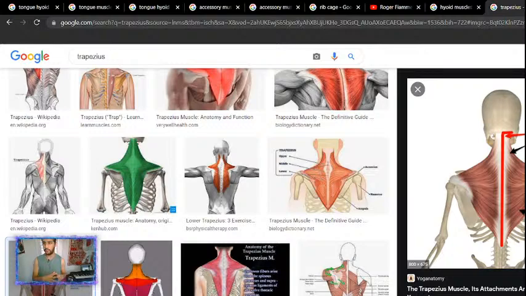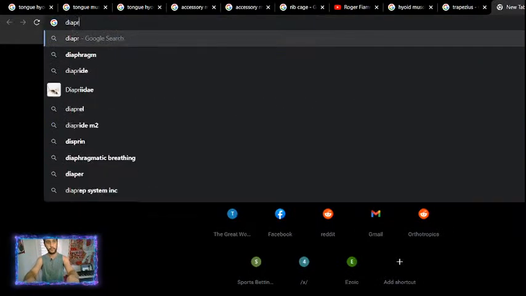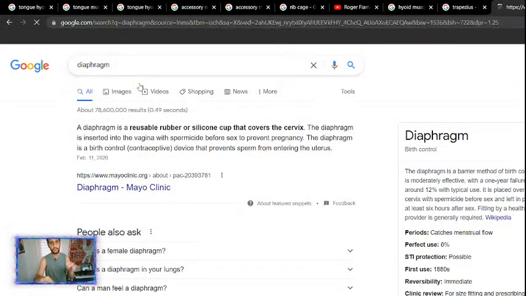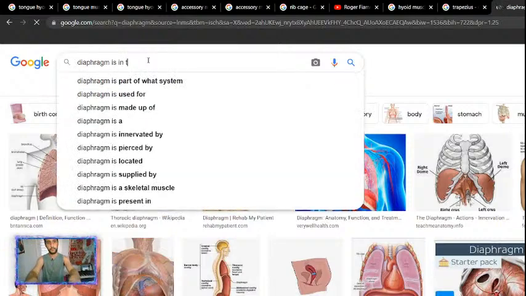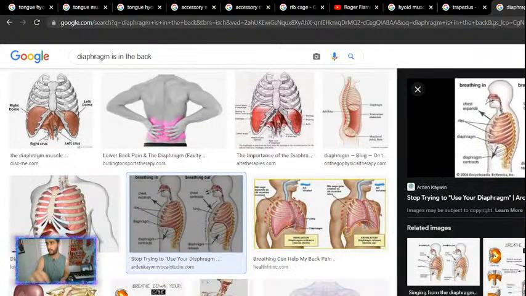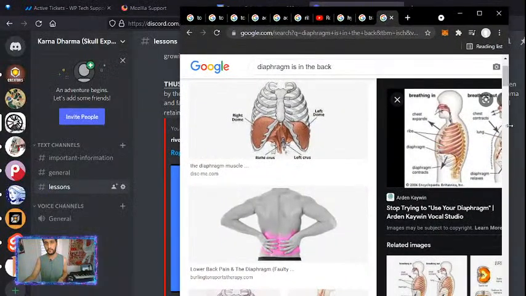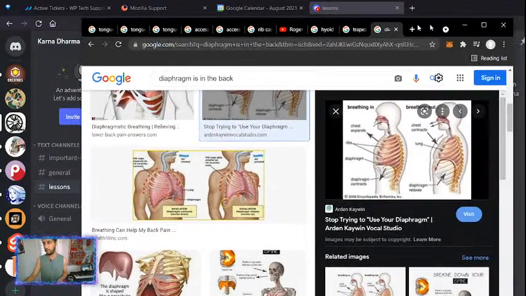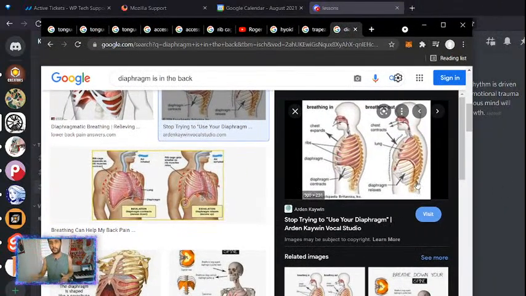Most people think that you're breathing mostly with the front. The diaphragm is actually in the back. The way that it connects, as you can see here, your lungs are mostly in the back of your body.